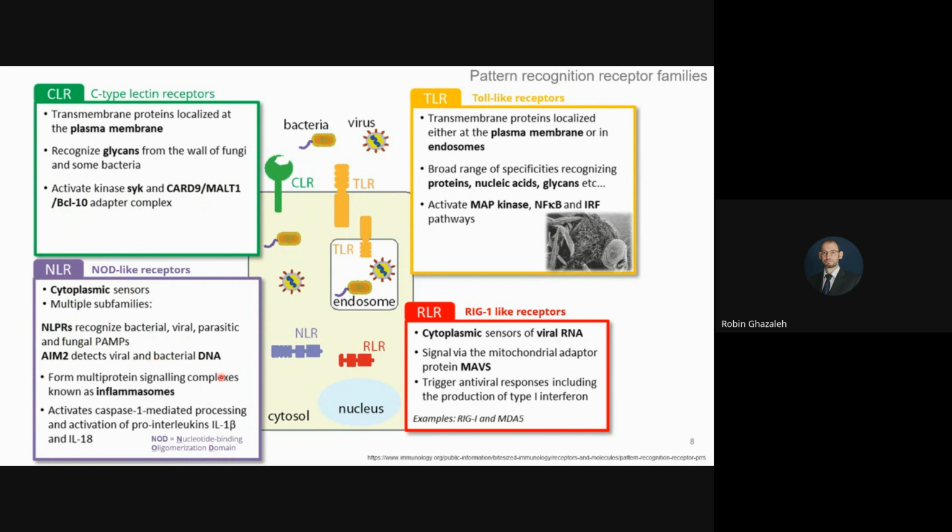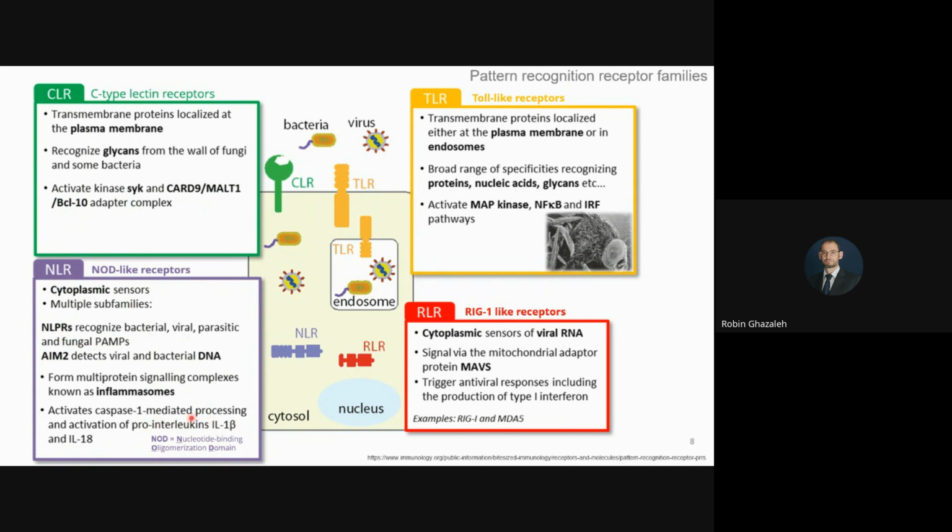The interesting thing is that these ones form multi-protein signaling complexes known as inflammasomes, big bodies inside the cell that are able to activate caspase 1 and also able to activate various interleukins. When we say processing and activation, that's because interleukin 1b is made first in a pro form, and that has to be proteolytically cleaved.